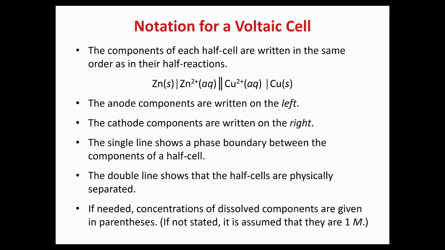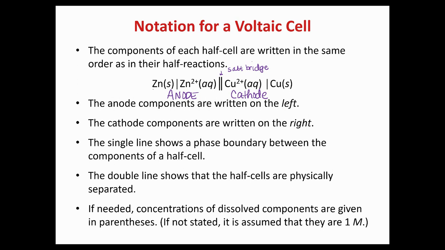This is pretty easy. On this side, we show our anode. The double lines is the salt bridge. So we're telling somebody don't forget to use a salt bridge or else the battery doesn't work. Cathode. And then you tell somebody what is in that solution.